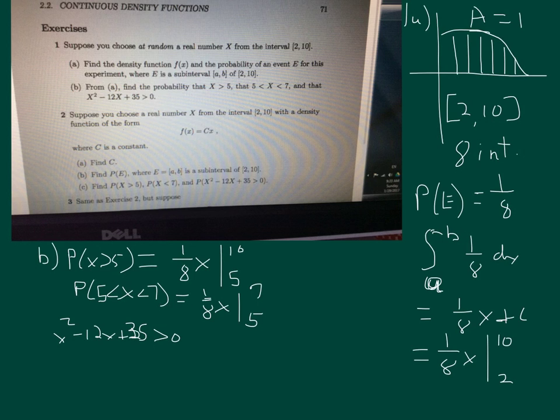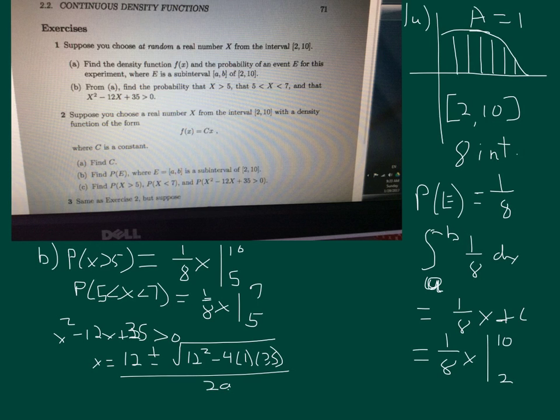Sorry, that's a 35. Using the quadratic formula. So it's negative b plus or minus the square root of b squared minus 4ac, all over 2a. That's an a there.